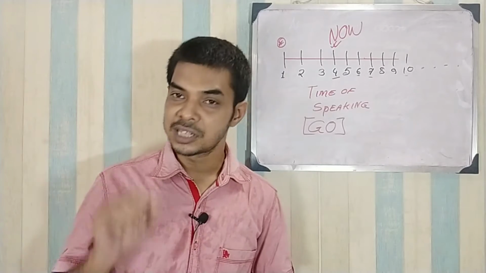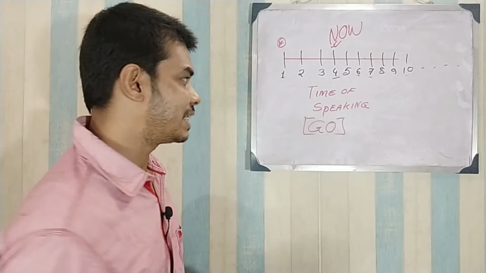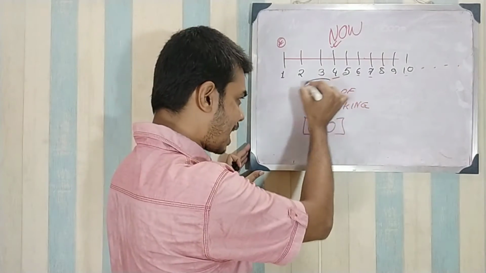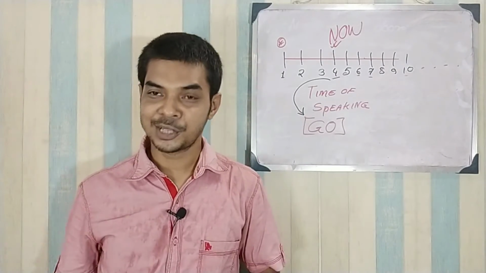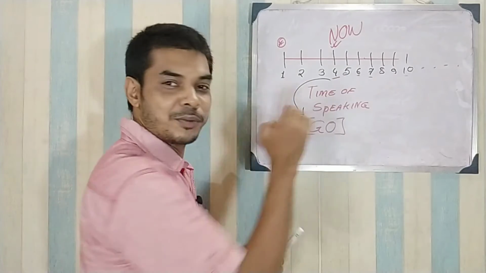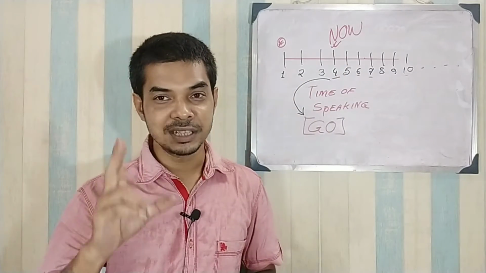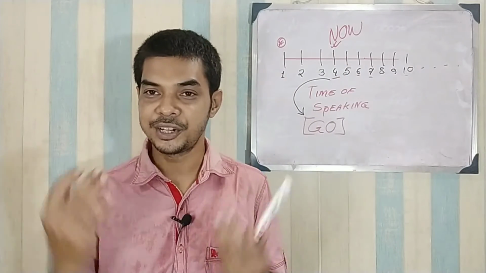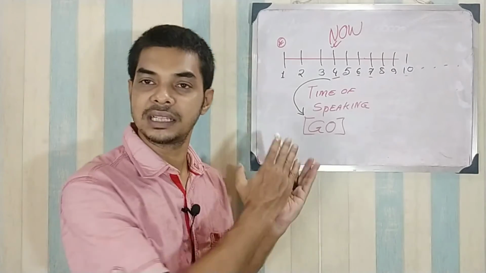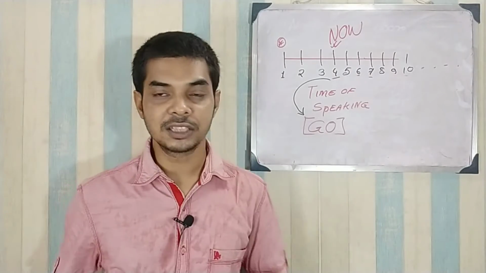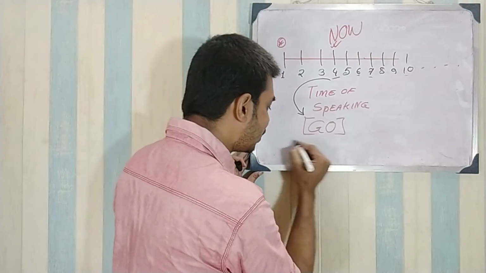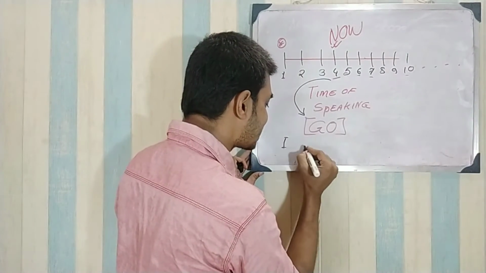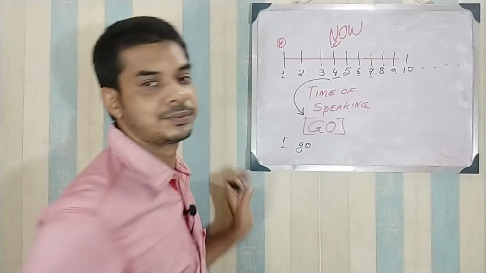If the time of speaking suggests that this action has not expired yet, the action is related to the time of speaking, there's a relation shared between the time of speaking and the action itself, we consider that the time for the action is not expired and will produce the sentence as I go.